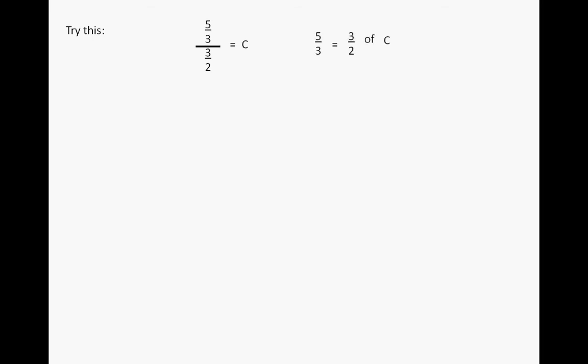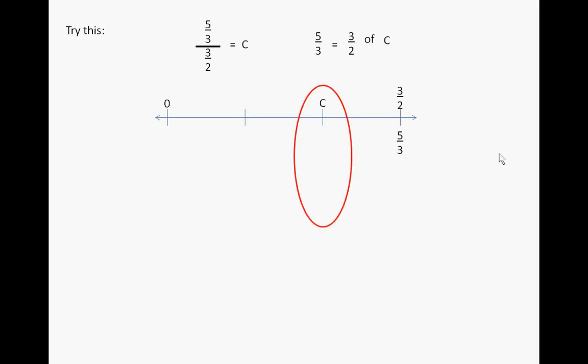So again, you want to think of this as 5/3 is equal to 3/2 of c. So when you build your number line, you're building it from 0 to 3/2, and you need to identify c is going to be where 1 is. 5/3 is at the same point as 3/2, because we're comparing them, which means we need to find what c is.